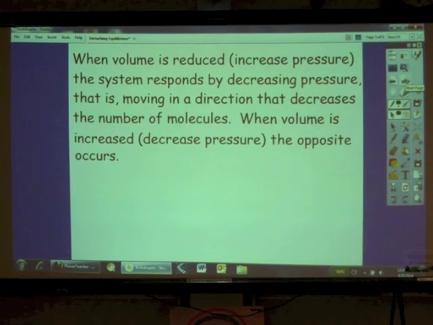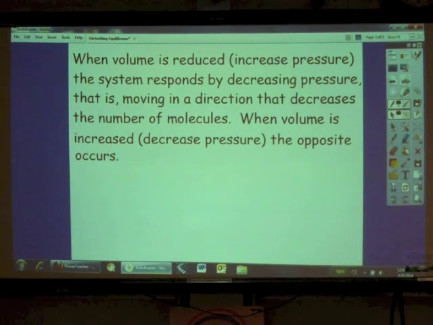When volume is reduced, now you can see this written a couple of ways. If you reduce the volume, that is the same thing as, if we're talking about gases, squeezing down the volume, which means you are going to increase the pressure of that reaction system.